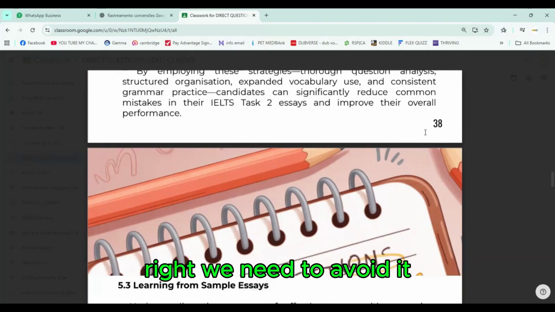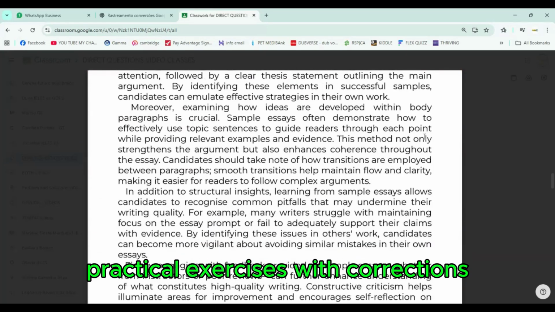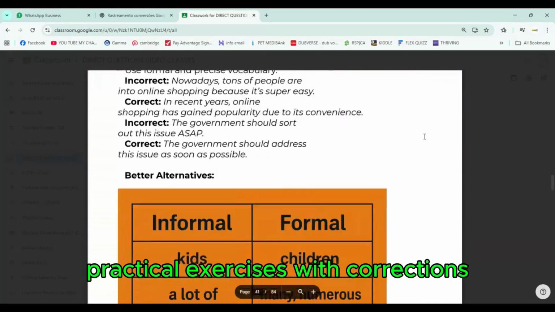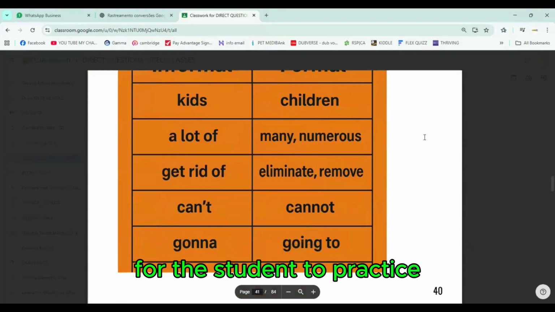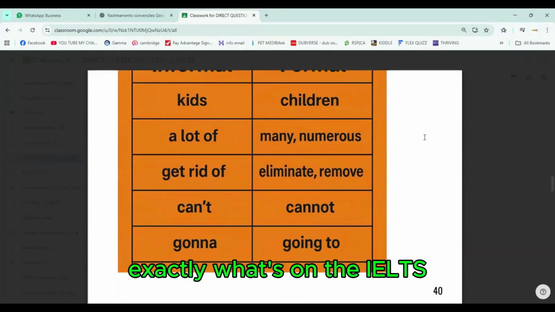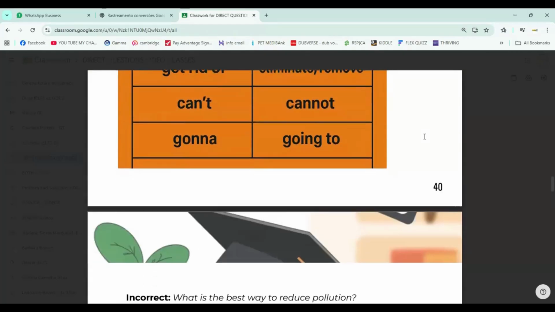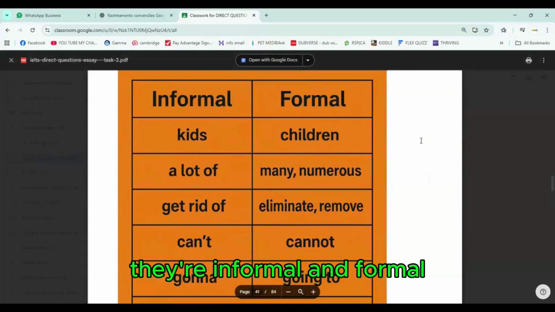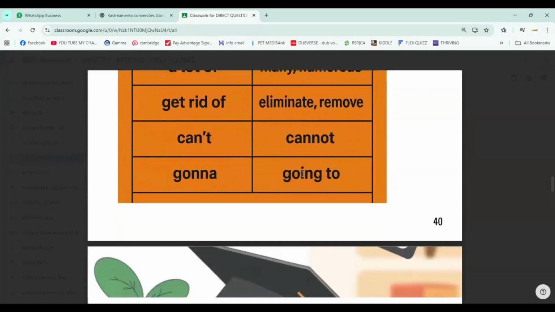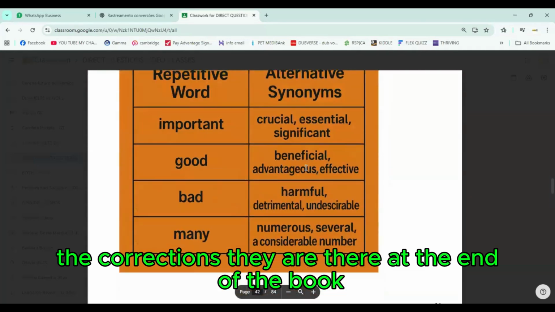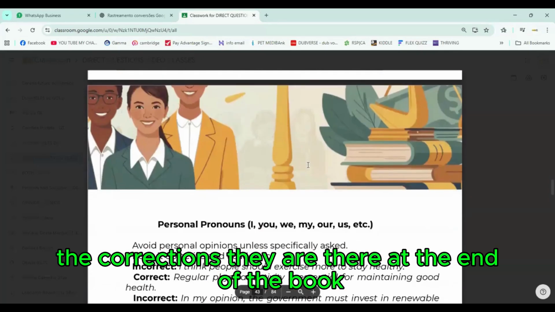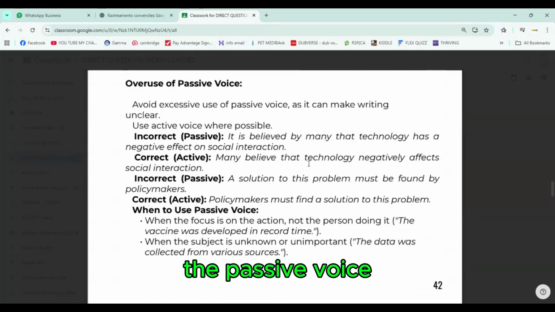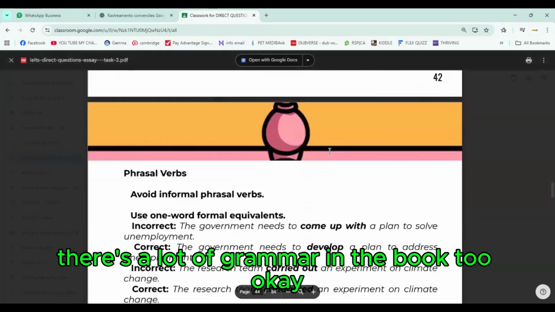We need to avoid it, okay? And then right after, practical exercises with corrections for the student to practice exactly what's on the IELTS. The corrections, look there, informal and formal. The corrections are there at the end of the book. The passive voice, there's a lot of grammar in the book too, okay?